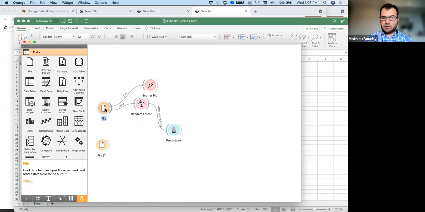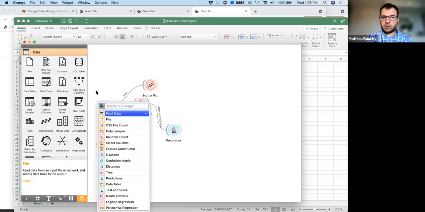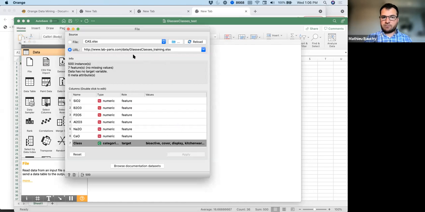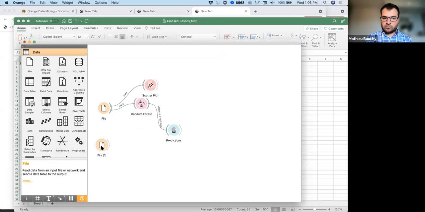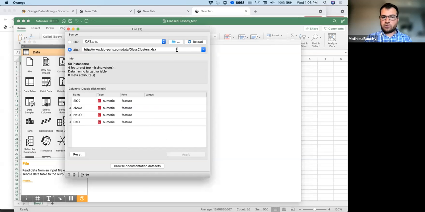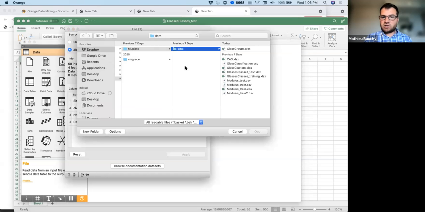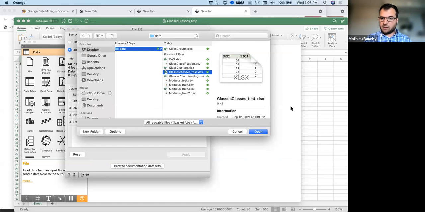Those data are the data that are used to train the model. Those are the data for which you know already which class they belong to. And here you will now load the data for which you do not know which class they belong to. So you will use the test data.